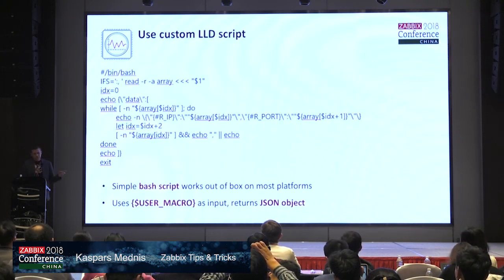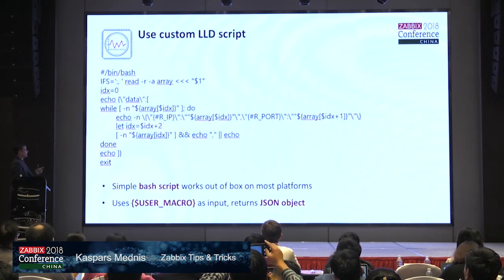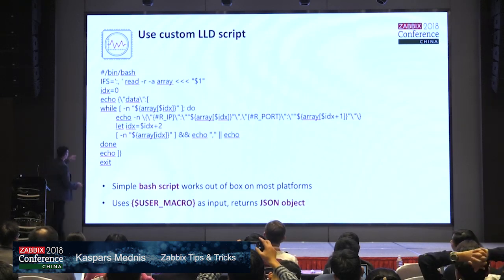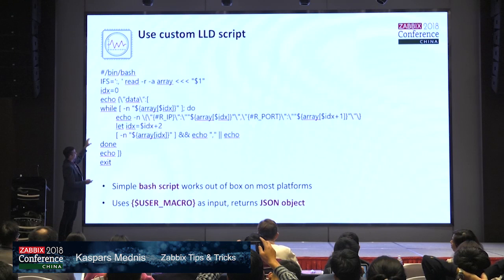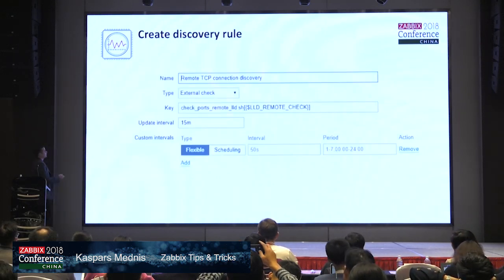What it does, it will take a user macro, process it, and return JSON, which will be fed to Zabbix discovery, which will return item prototypes. So we feed just a user macro to this one, and this gives back JSON, like here.